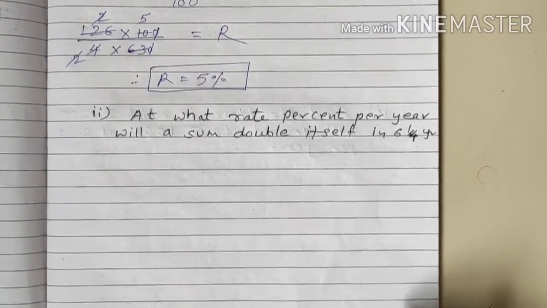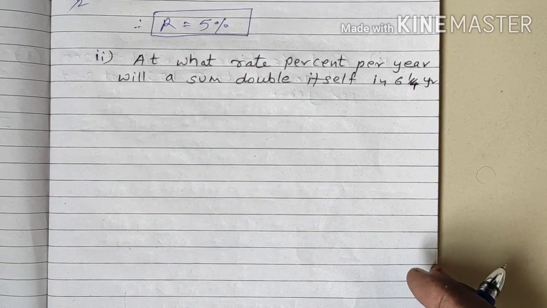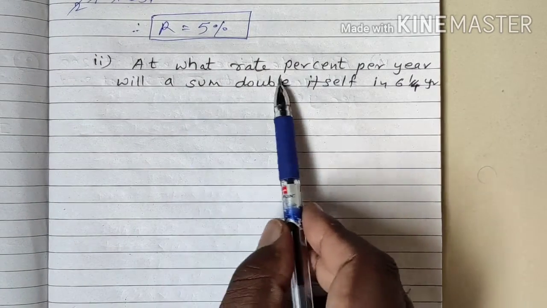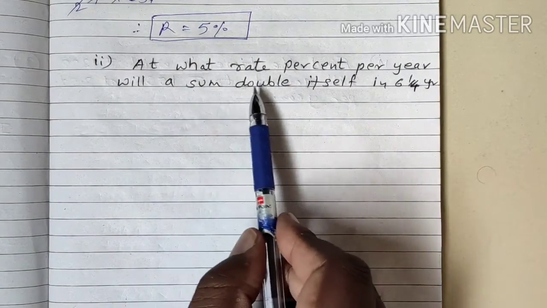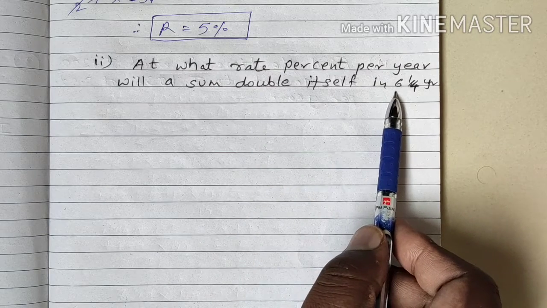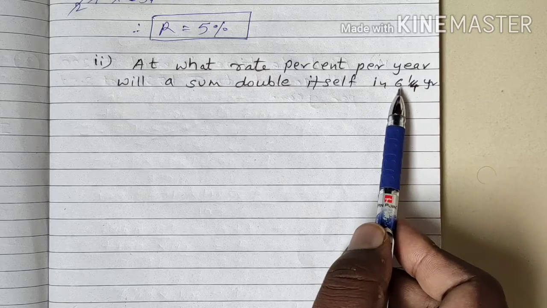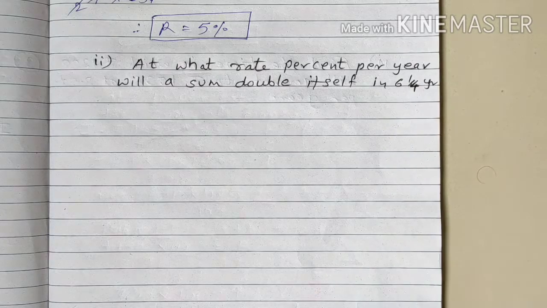Okay, now the second part of the sixth question we are solving. At what rate percent per year will a sum double itself in 6 and 1 by 4 years? This is 1 by 4 years. 6 and 1 by 4. Okay.